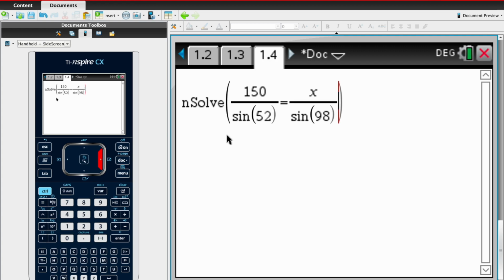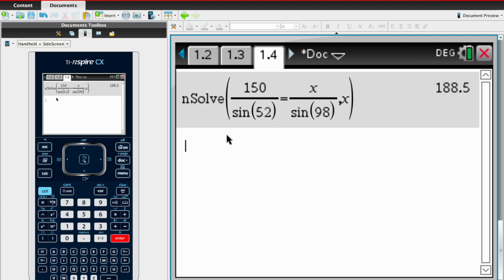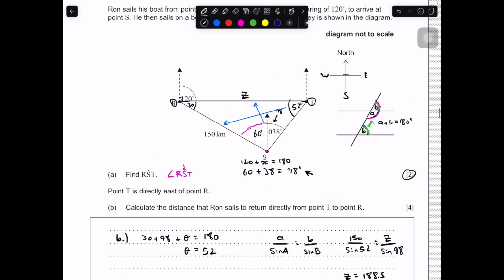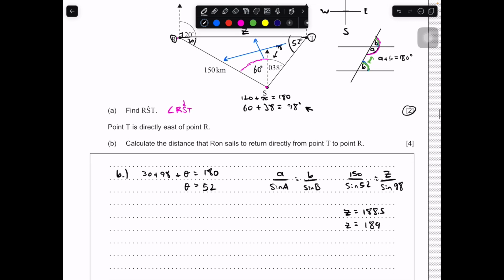Of course we called it z, but for the calculator let's just leave it at that. Is equal to 188.5. So, returning back to the document, z, or the missing side length, is 188.5 to 3 sig figs, 189 kilometers. That's how far he needs to travel.